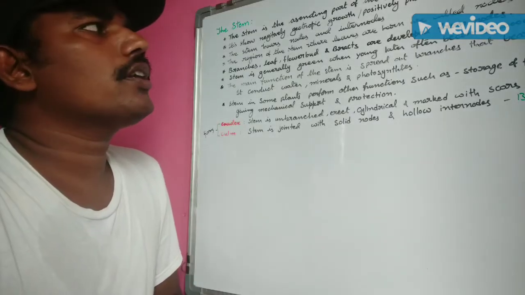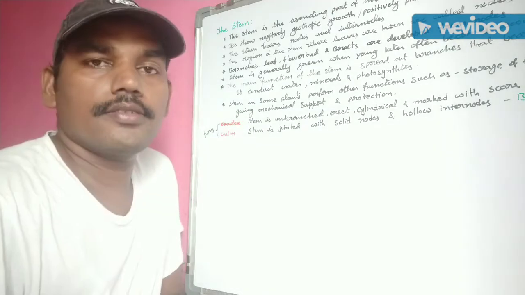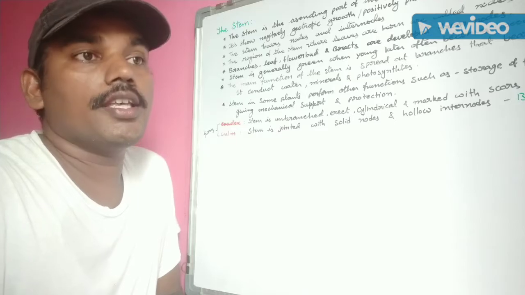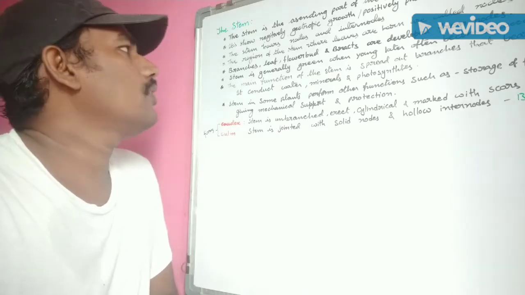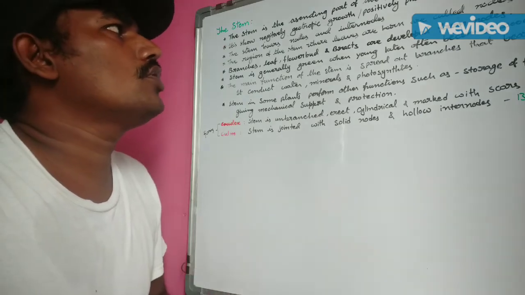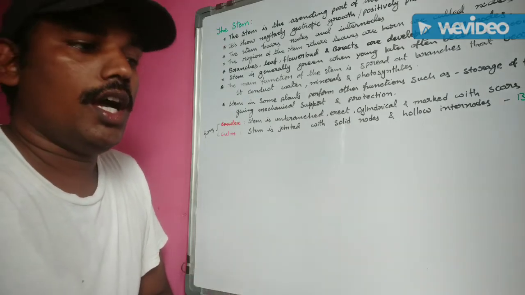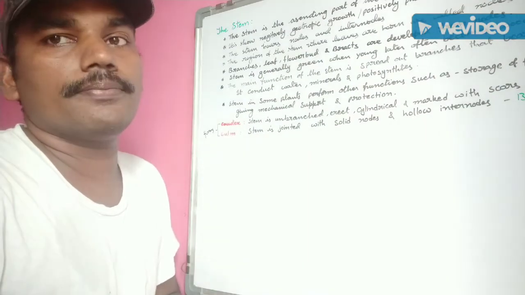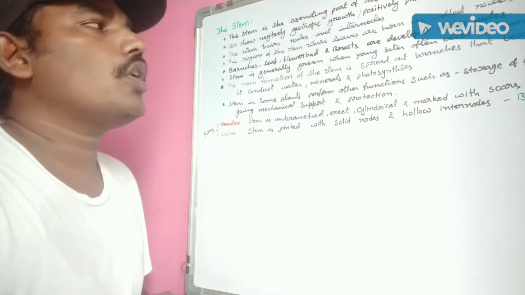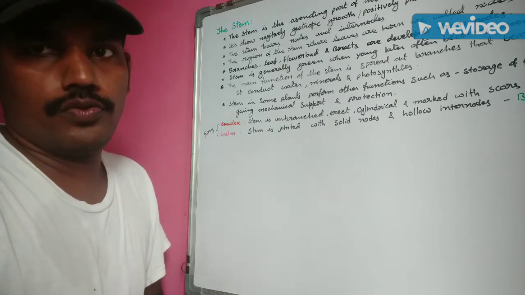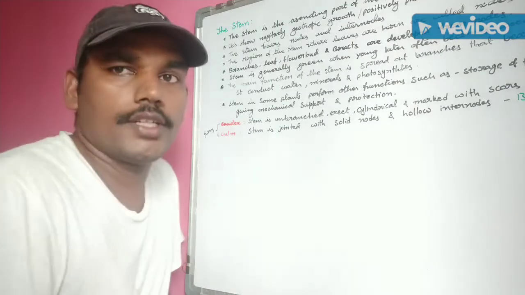In the plant axis, the ascending part is the stem. It is positively phototropic and negatively geotropic, hydrotropic.